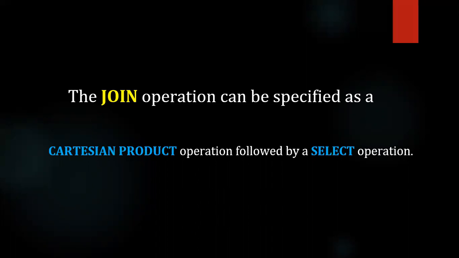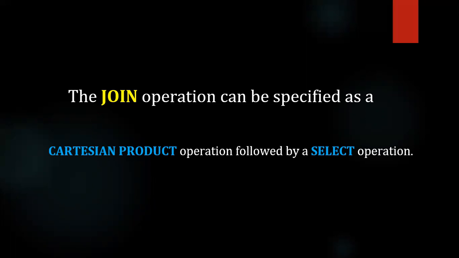First we multiply the two relations, then apply some selection condition. This combination of cross product and selection condition gives us the join operation.